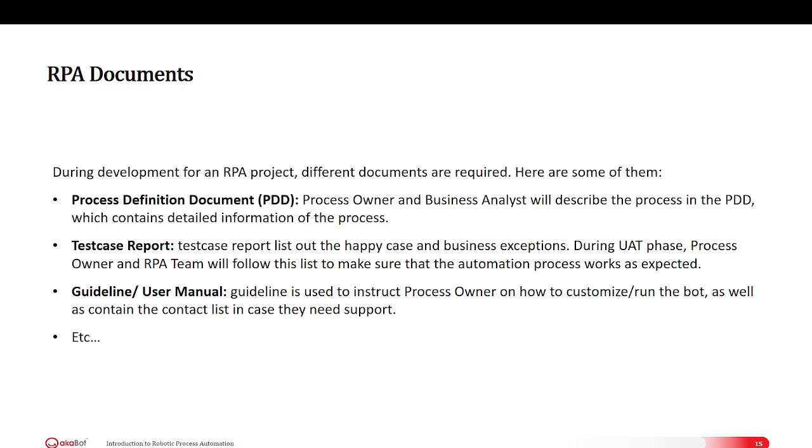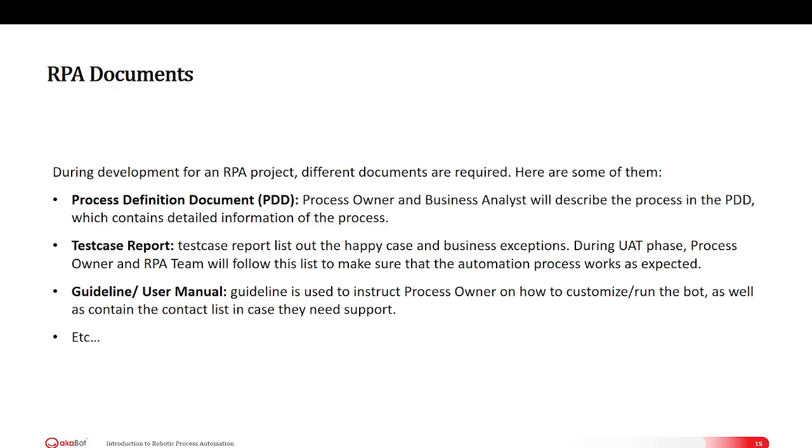The process owner and the business analyst will describe the process in the PDD, which contains detailed information about the process. Test case report. The test case report lists out the happy case and the business exceptions. During the UAT phase, the process owner and the RPA team will follow this list to make sure that the automation process works as expected.